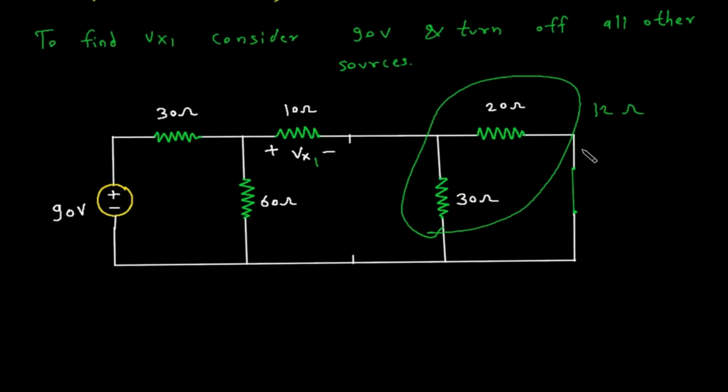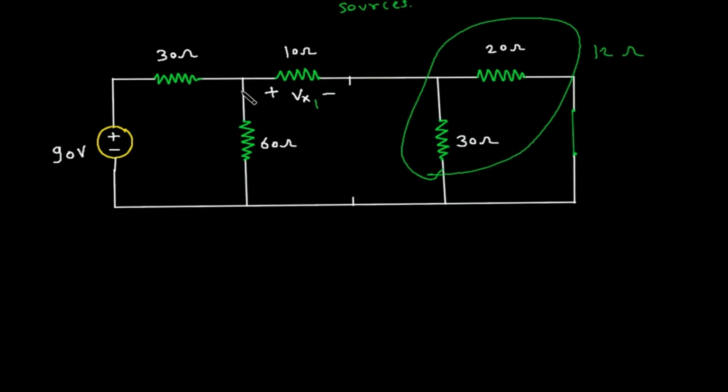Now we have to find this Vx1. First we will find voltage across this resistor. As we can see that this 12 ohm is in series with this 10 ohm. So this will be 10 plus 12, 22 ohm. Now this 22 ohm parallel with 60 ohm.